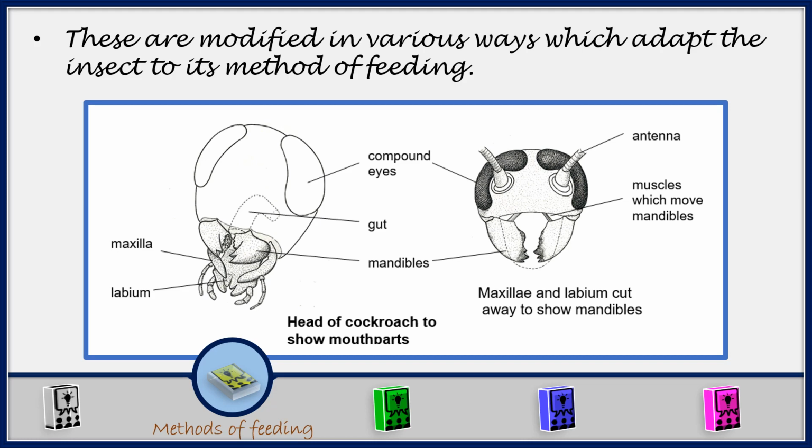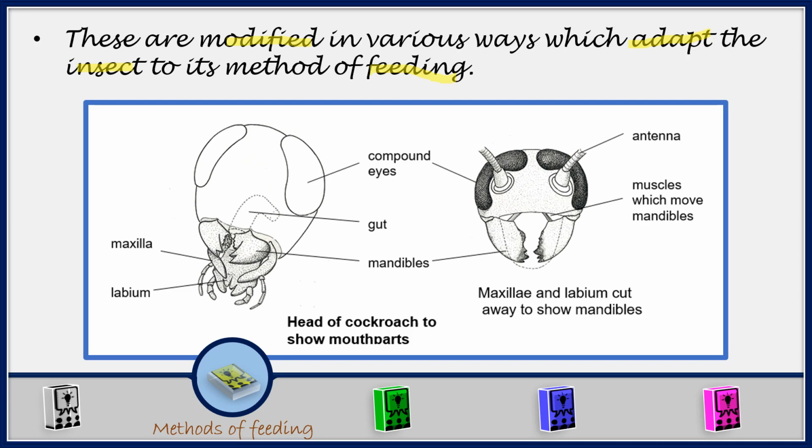These are modified in various ways, which adapt the insect to its method of feeding. So the mouth parts are modified depending on the type of feeding the insect is having.